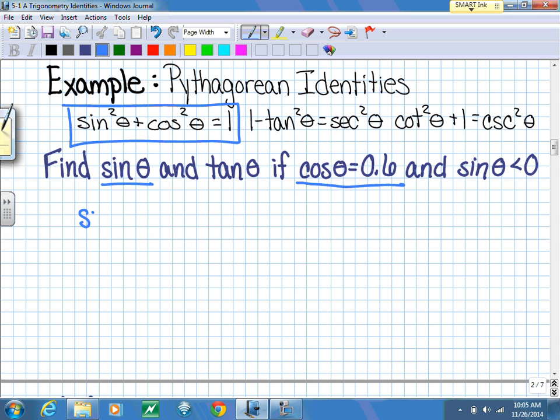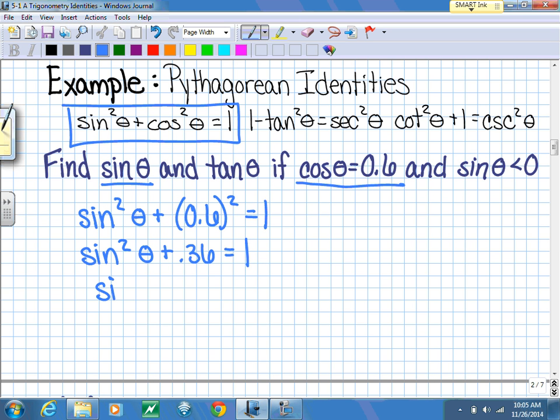So here I can take sine squared theta plus cosine squared theta, which is 0.6 squared, and that is going to have to equal 1. So now I have sine squared theta plus 0.36 is equal to 1. If I subtract 0.36, I get sine squared theta is equal to 0.64.